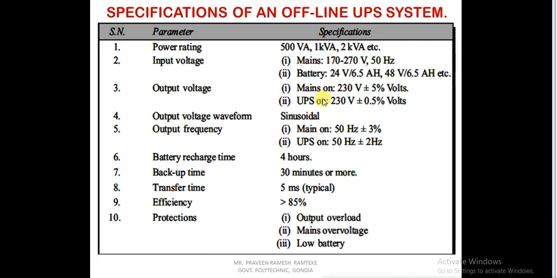With mains on, the output voltage will be 230 volts plus or minus 5 percent. Output voltage waveform is obviously sinusoidal. Output frequency has to be 50 Hz, as AC appliances in India operate on 50 Hz. Tolerance is 3%.